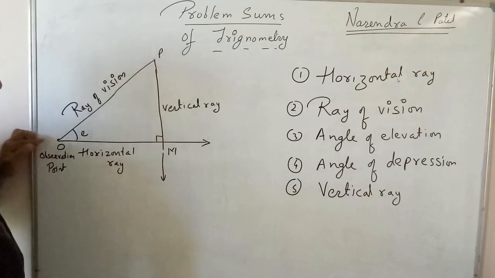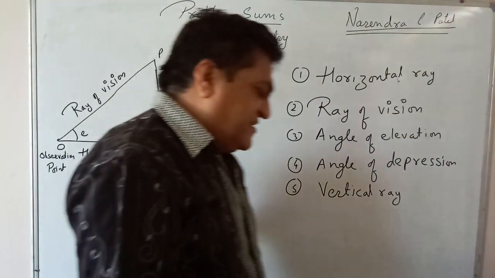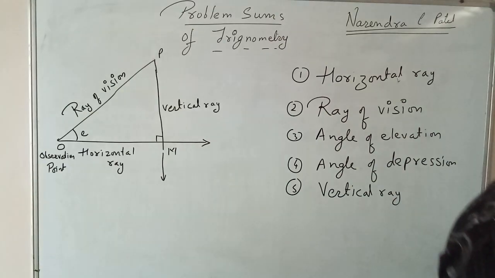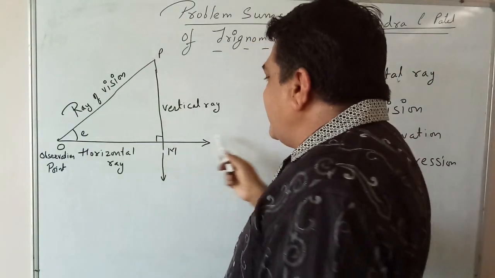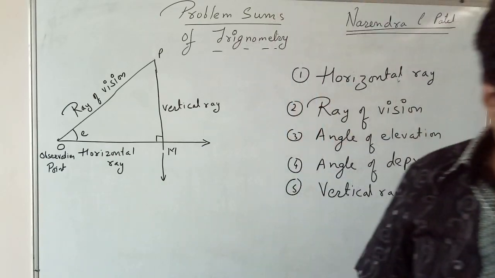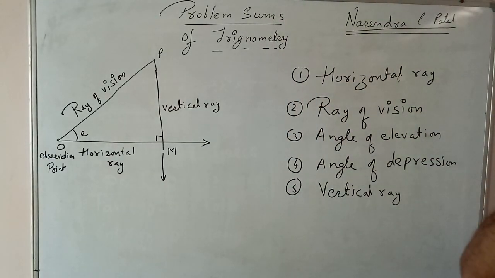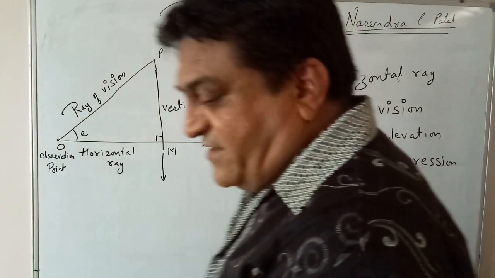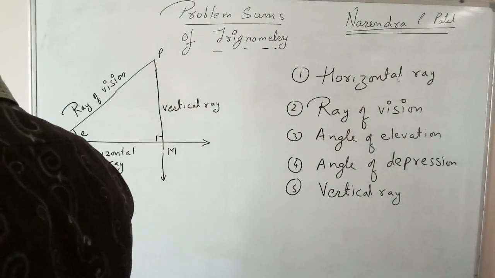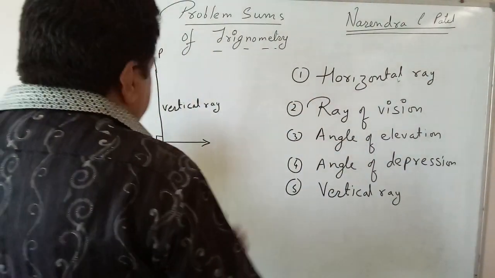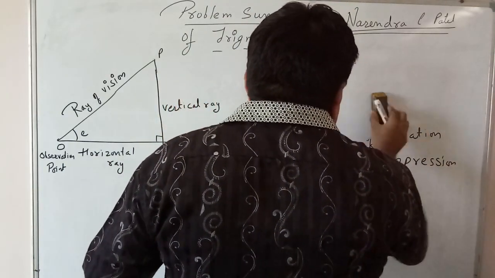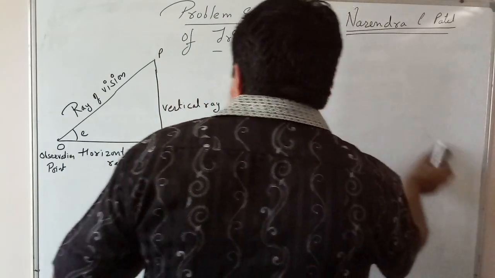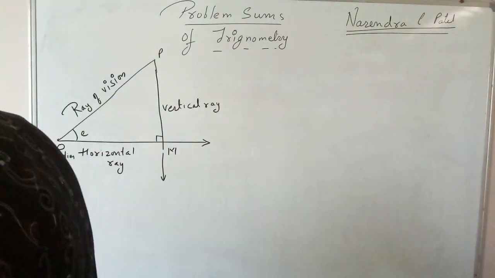That ray is called the ray of vision. Now the horizontal ray, a ray which is parallel to the surface of earth, is known as the horizontal ray. This figure is only for understanding the angle of elevation.